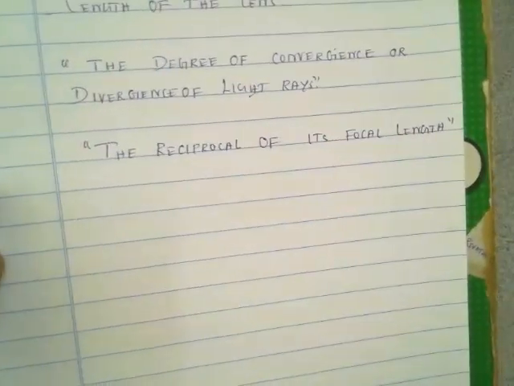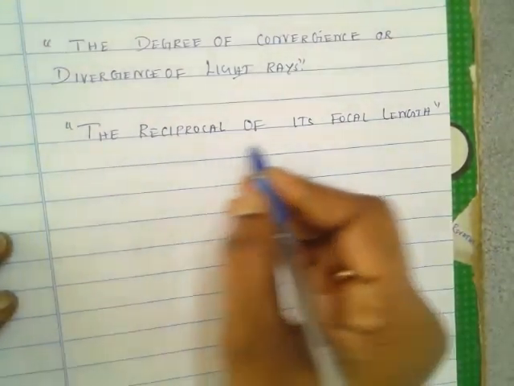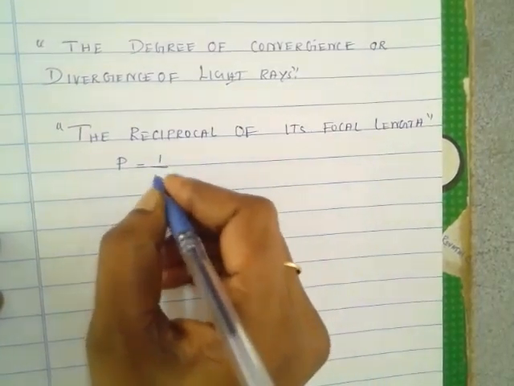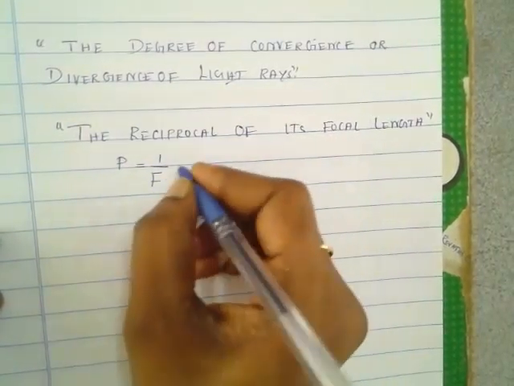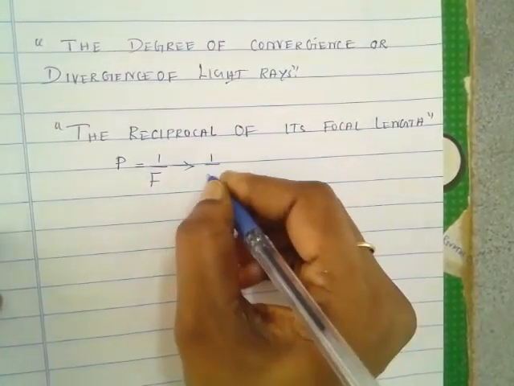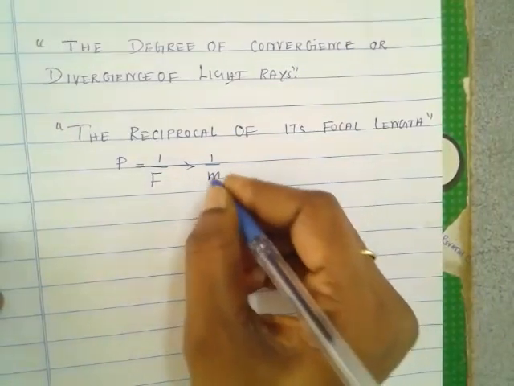Already we know that the power of the lens is numerically equal to the reciprocal of its focal length, that is P is equal to 1 divided by f. Then the unit of focal length is the meter, represented by the symbol small m.